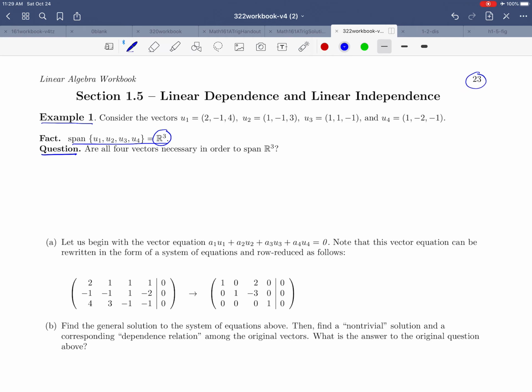If the answer to this question were no, in other words, if it was not necessary to have all four of the vectors, then it should be possible to write one of the vectors as a linear combination of the other three.